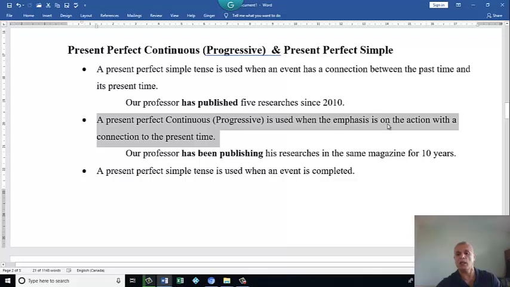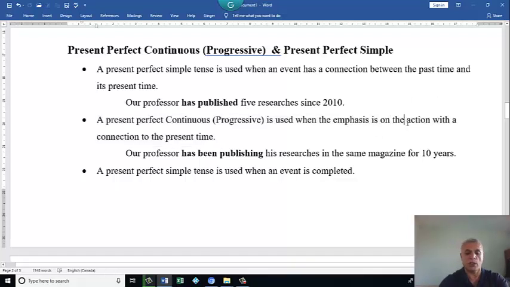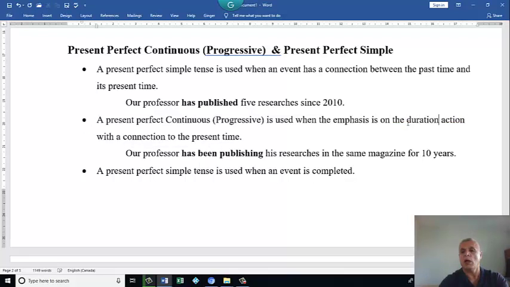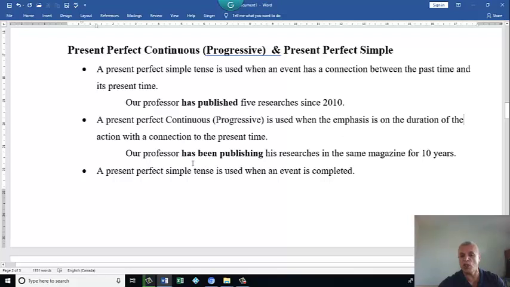Okay, emphasis on the duration of the action with the connection to the present time. For example, our professor has been publishing, it means he's continuing publishing his research in the same magazine for 10 years. It means in these 10 years, whenever he had research, he published it there.